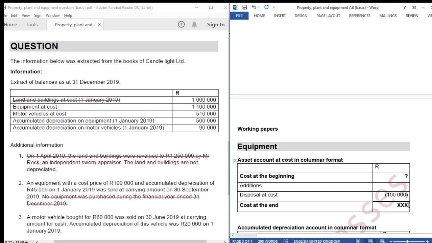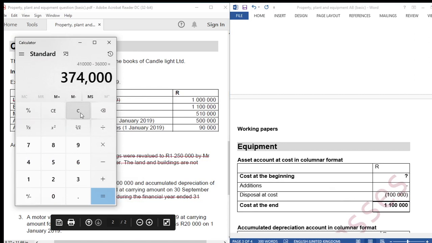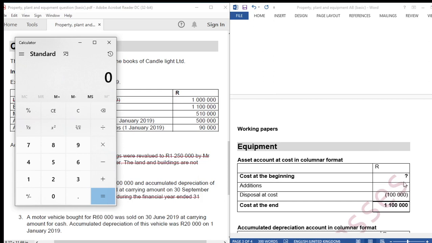Then cost at the end, 1,100,000. We want to calculate cost at the beginning. We are going to use bottom up. We start from cost at the end going up. Since we are opposing the direction, the signs should change. This is a negative, so it is going to be a positive.